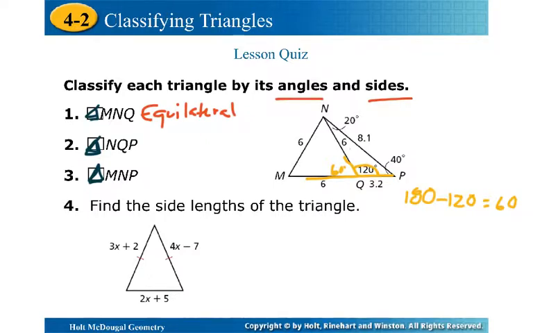Let's see how else I can do the next one. I also know that because these are all the same length, it turns out that any equilateral triangle is also an equiangular triangle. And so it turns out that this is 60 and this is 60 as well.